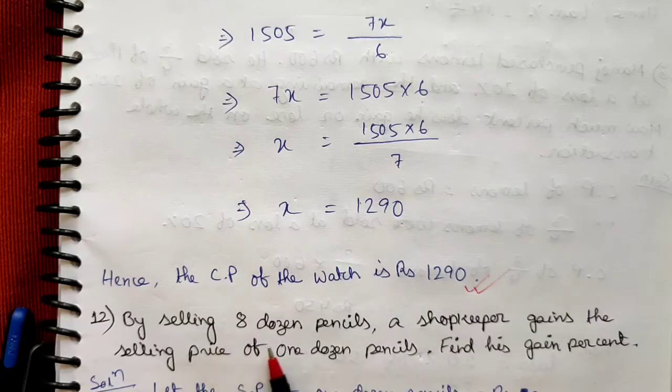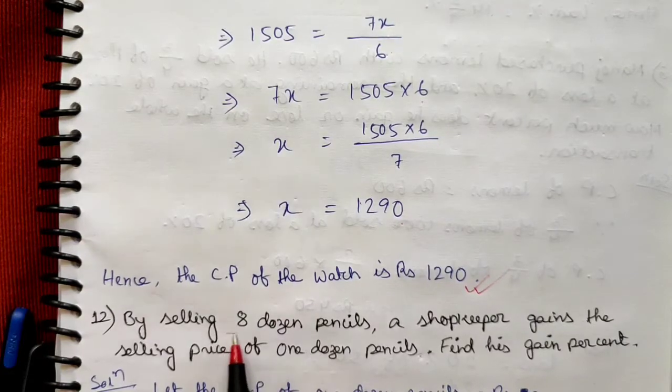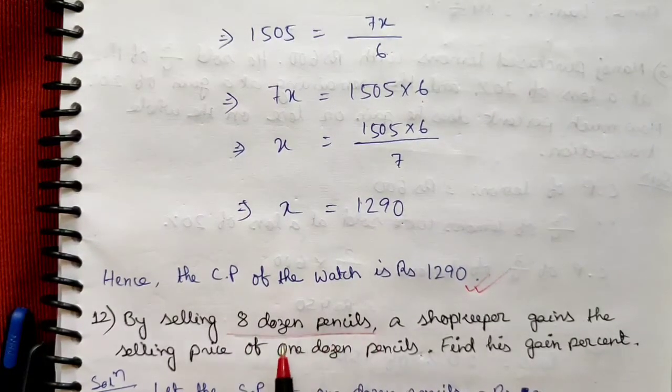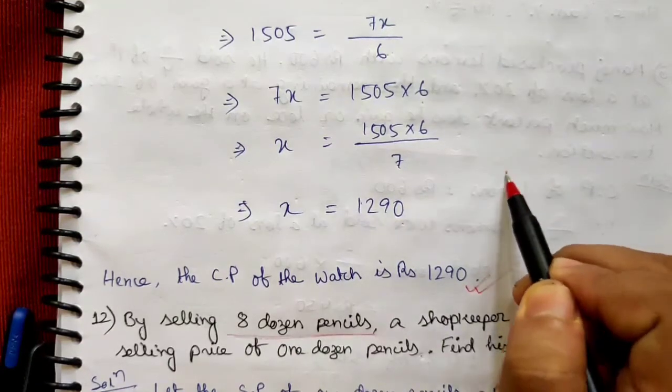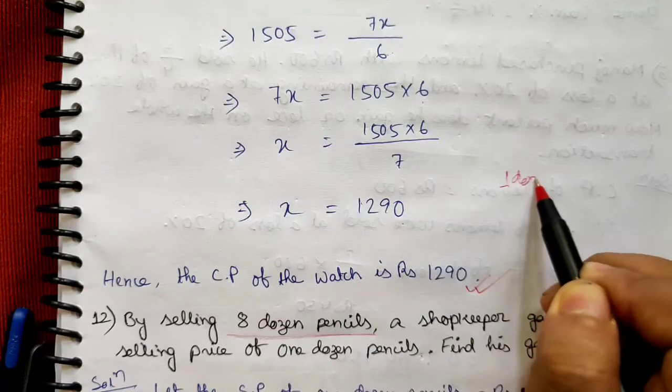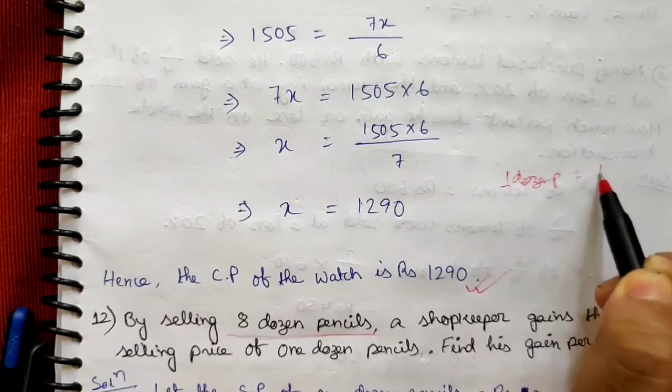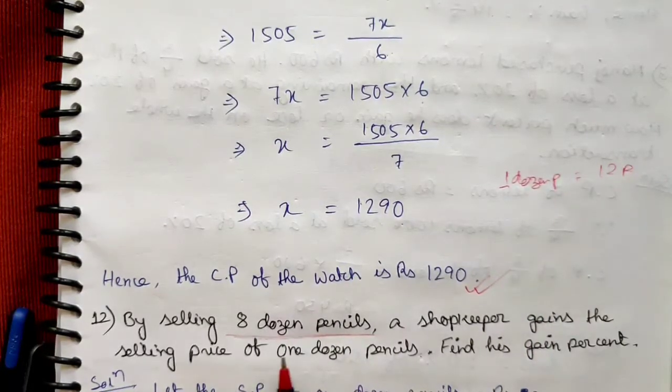Find the gain percent. What is given? 1 dozen means what? 12. 1 dozen of any quantity, suppose 1 dozen pencil, equals how many pencils? 12 pencils. So by selling 8 dozen pencils, a shopkeeper gains the selling price of 1 dozen pencils. That is, if he sells 8 dozen pencils, he gains the selling price of 1 dozen pencils.